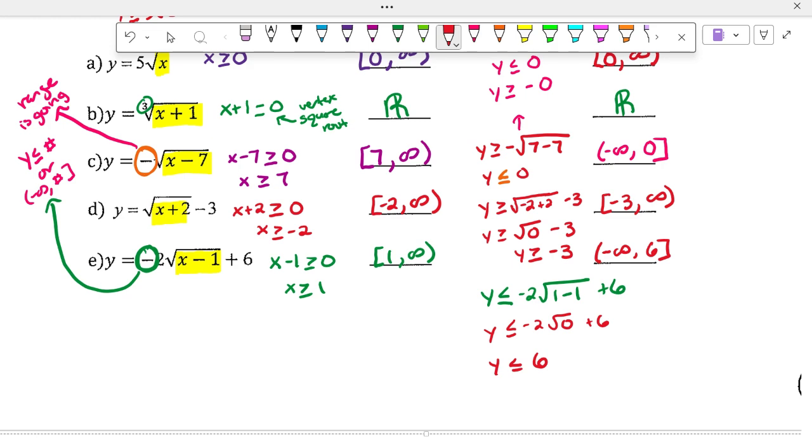Because if we do, a square root of a negative number gives us what? An imaginary number. So remember, a square root of -1 gives us i. Does that show up on a graph? No. So that's why.